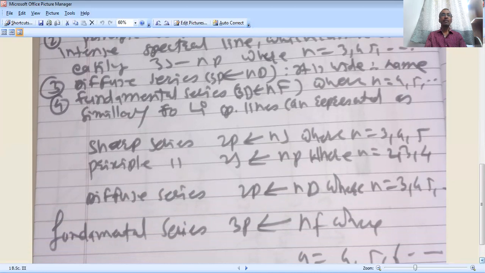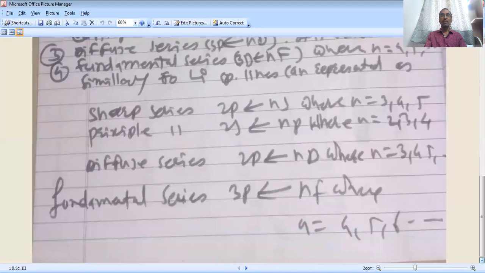For the principal series, nP to 2s, where n equal to 2, 3, 4. Diffuse series, nD to 2p, where n equal to 3, 4, 5. And last is nF to 3p, where n equal to 4, 5, 6.